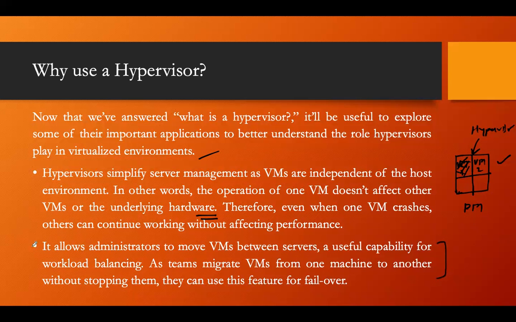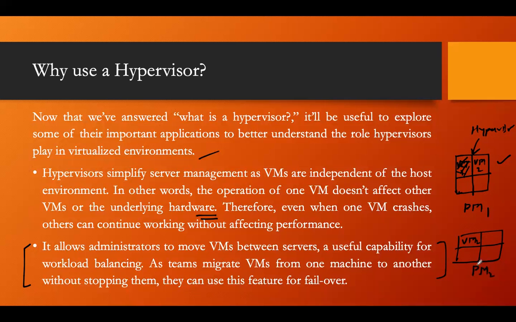Now, this is another concept of why we use a hypervisor. It says that it allows administrators to move virtual machines between servers. So let's say we have virtual machine V2, and we want to migrate that particular virtual machine here. This is physical machine 1 and this is physical machine 2.